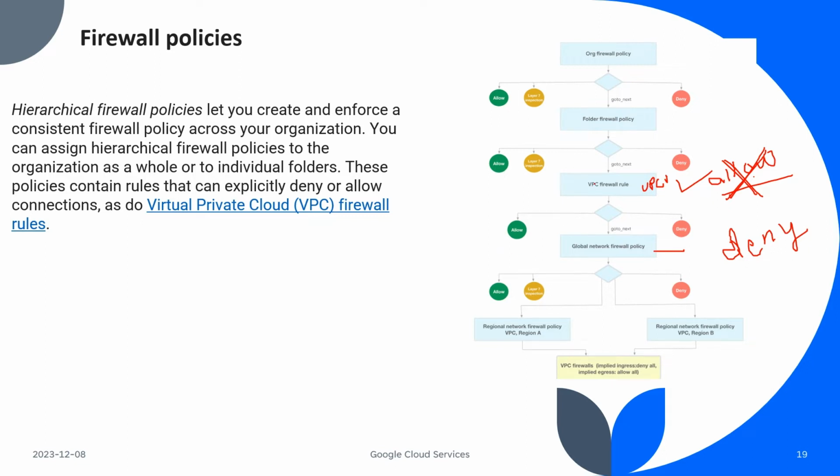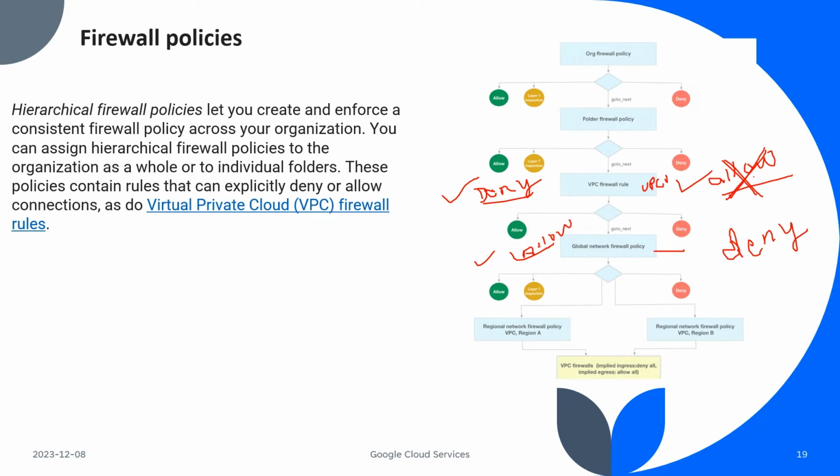Let's say you want to deny from the firewall rule at the VPC one, and here you want to allow. Which one will win? The deny will win or the allow will win? See the order.